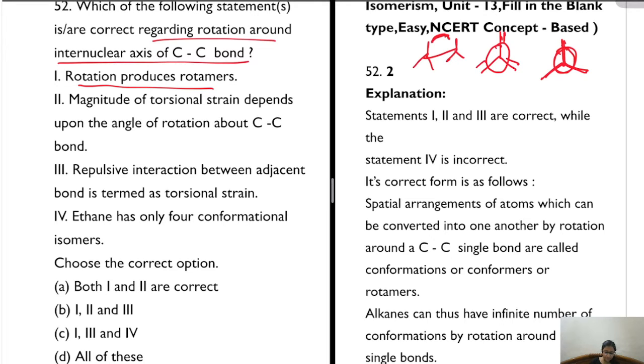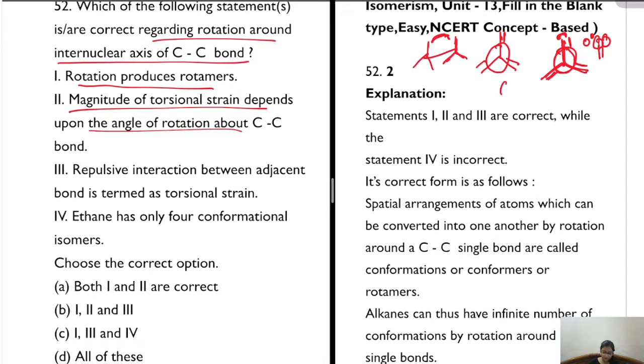Then carbon number 2 is behind this and also has the bonds in a similar fashion. See here the angle is 0 and torsional strain is there. Why? Because repulsion is there. The groups are aligned together, so there will be repulsions between the groups. That is why the magnitude of torsional strain depends upon the angle of rotation. This is also a correct statement.